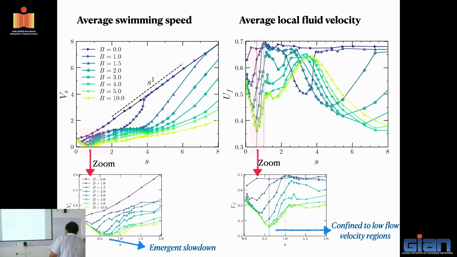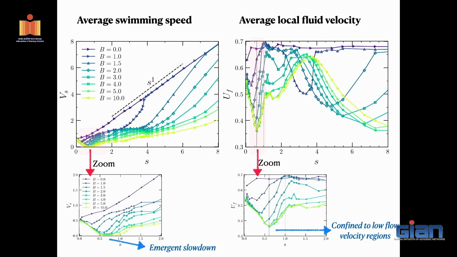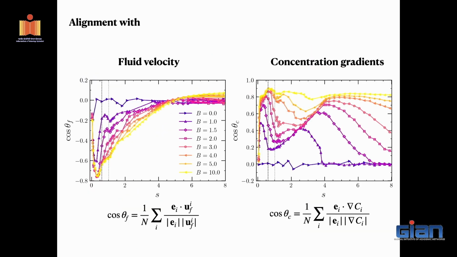If you see, the average flow velocity that they're sampling is decreasing as S is increasing, and it hits a minimum at some S, which is very much coincident with this. So it seems where this drop is happening, somehow these particles are exploring the low flow velocity regions. That's one.